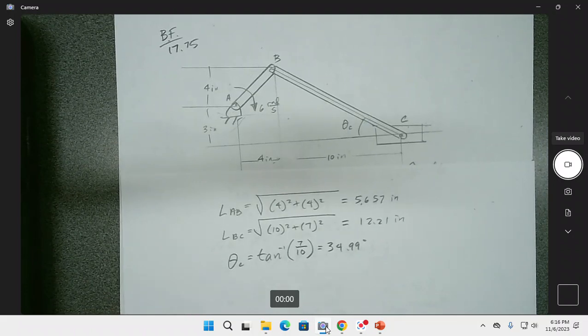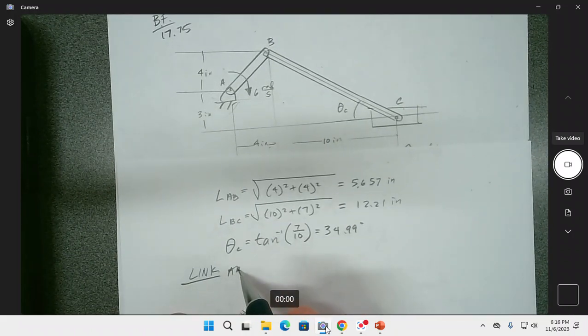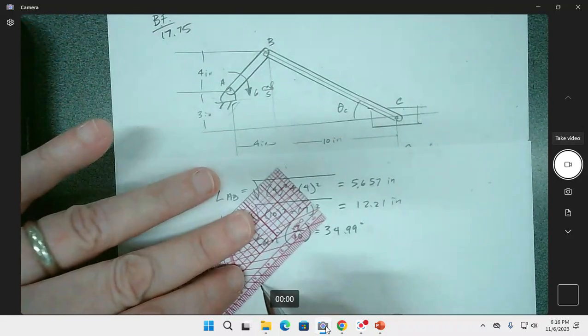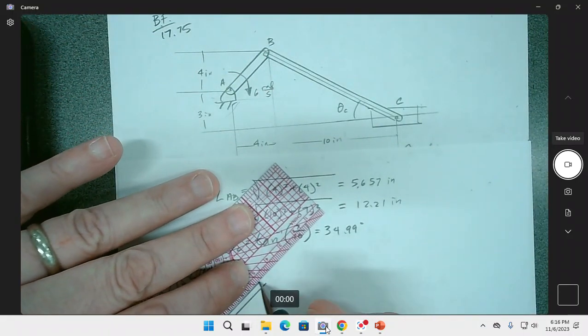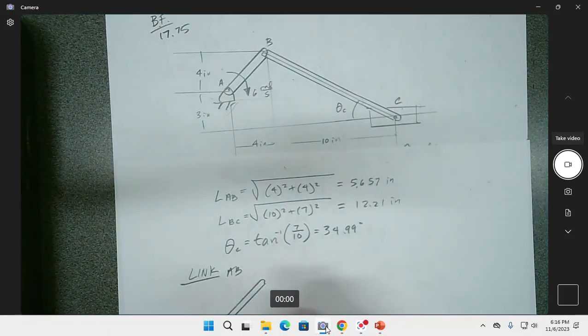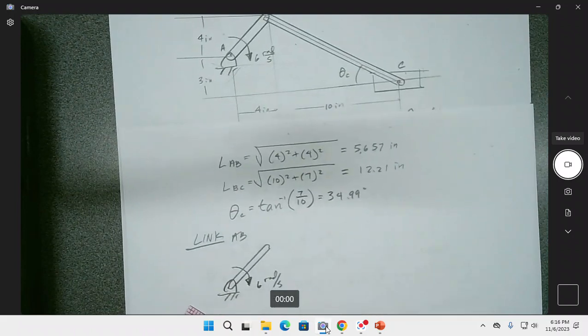Now we can check out what the link AB velocity analysis is. It's 45 degrees. We got 6 radians per second.